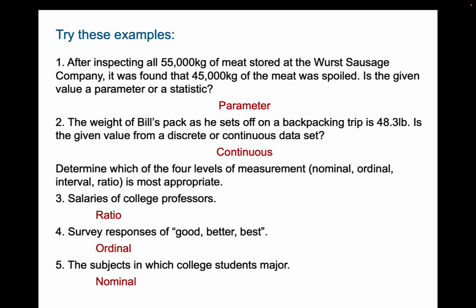You can arrange them, say, in alphabetical order. You can arrange them, say, by which one has the highest average annual salary. Okay, but that's not the type of data we have. We're not looking at the annual salary. We're looking at just the major selected. Those are categories, and that would be nominal level data.